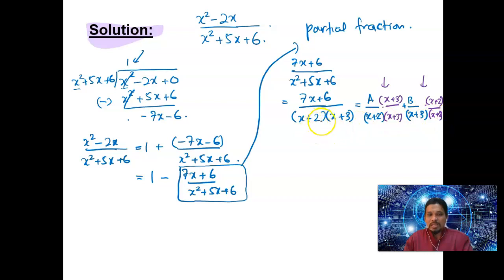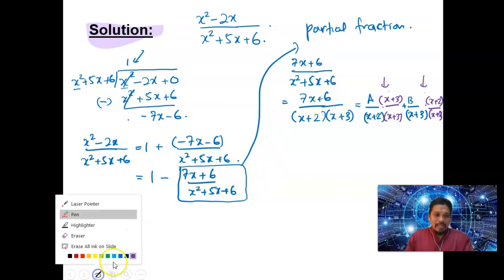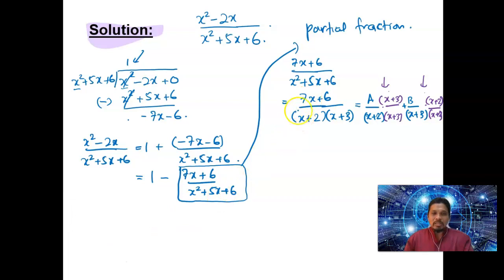So we have already equalized the denominators with the original question. The next part is focusing on the numerator, which is 7x plus 6 equal to A times x plus 3 plus B times x plus 2. Now we are going to find the values of A and B. Class, I recall using the back factor here.